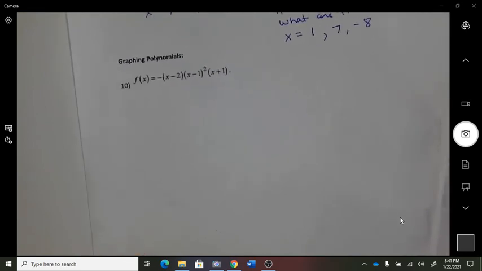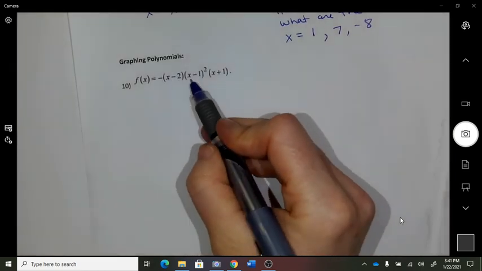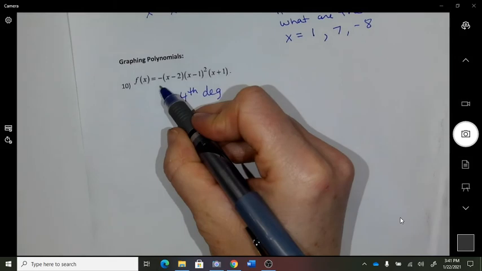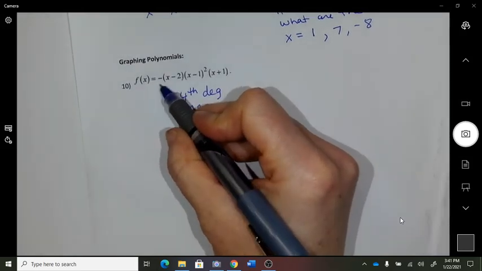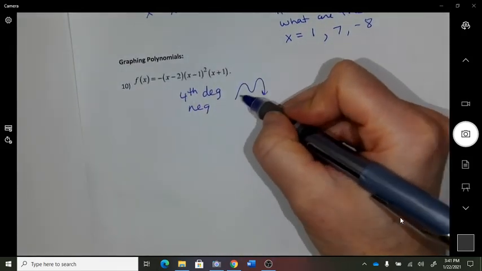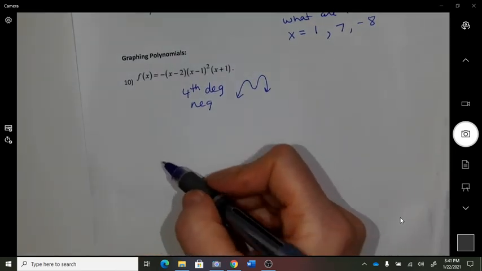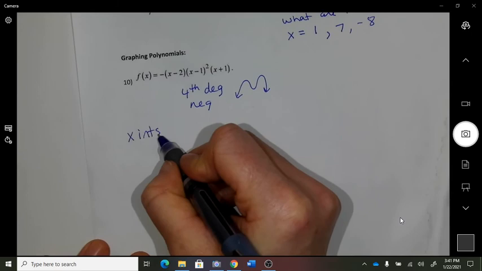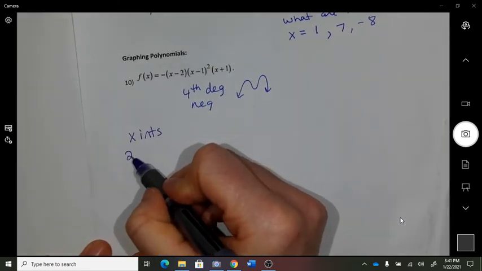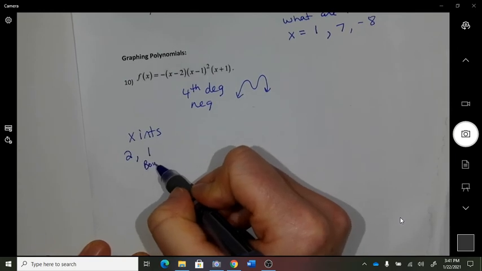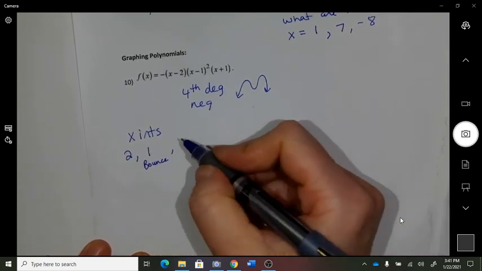Okay, graph the polynomial. 1, 2, 3, 4, 4th degree, and it's negative, which means it's an upside down W. X-intercepts are 2, 1 with a bounce, and -1.